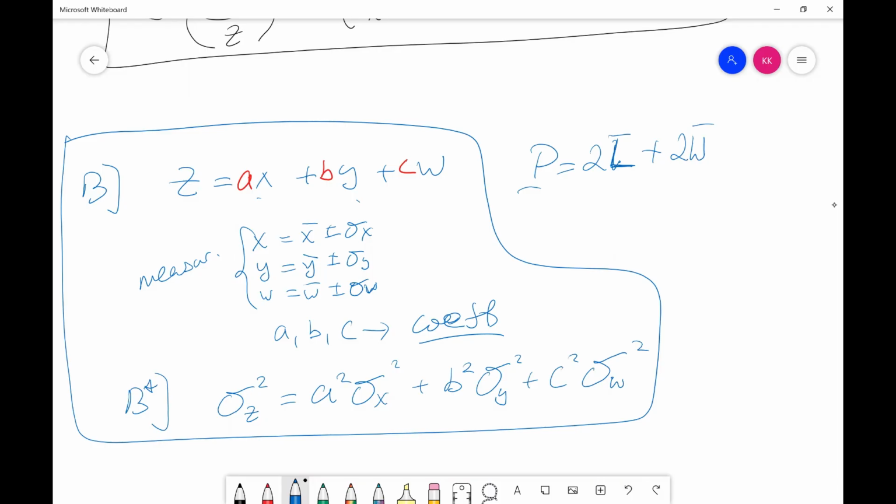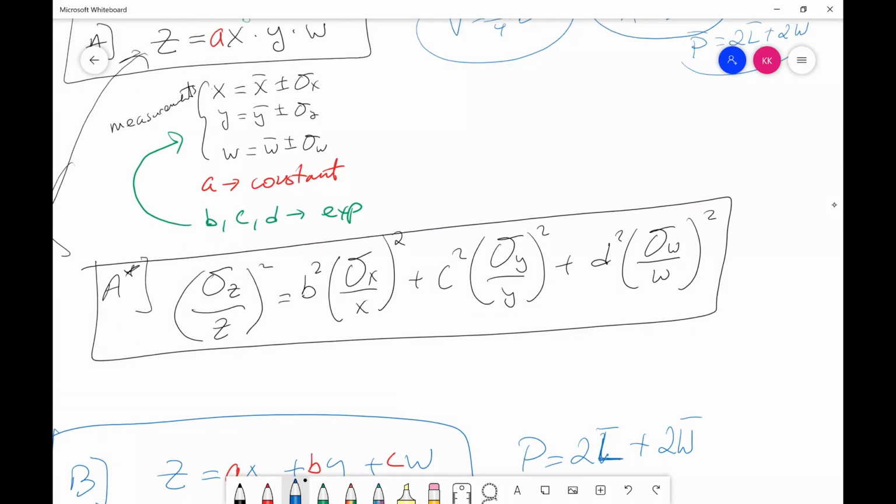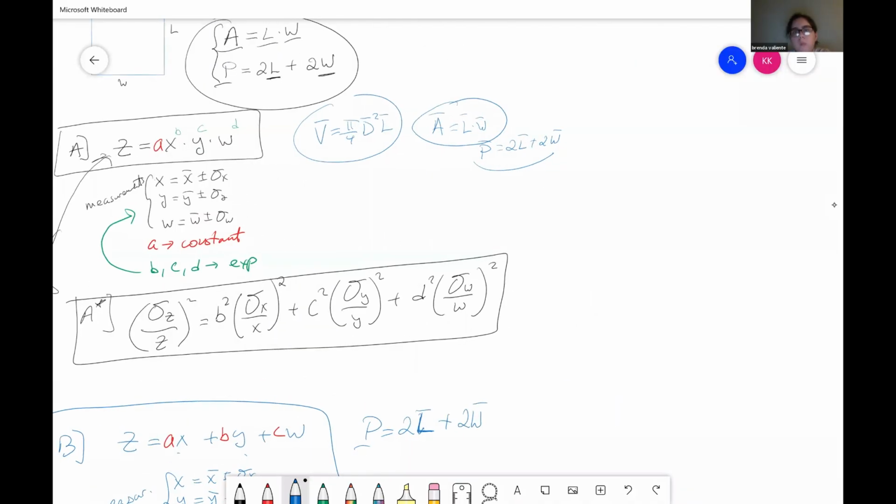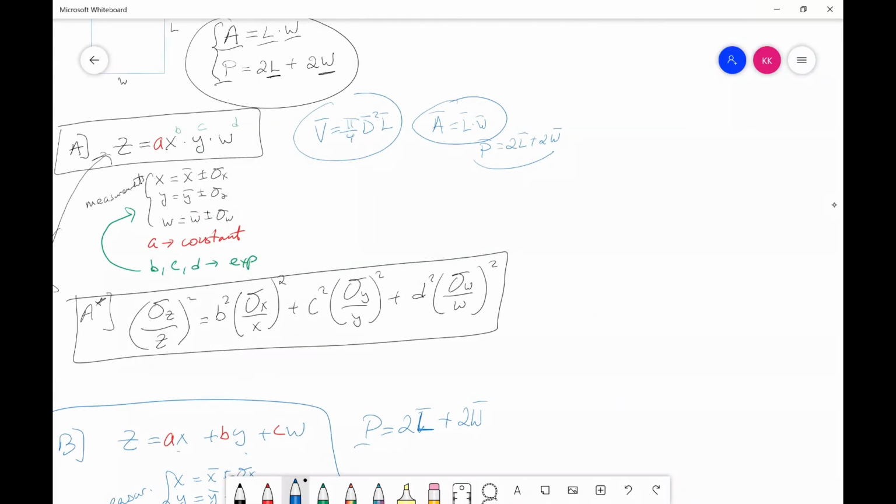All right, so now I'm going to give you an example for type A. And we agreed, right? Volume is type A, right? So now, yes, that means I can apply type A and A star to find the uncertainty in volume, because I already have diameter in terms of its average and uncertainty, and I already have the length in terms of its average and uncertainty, and I use them to find the average of the volume.